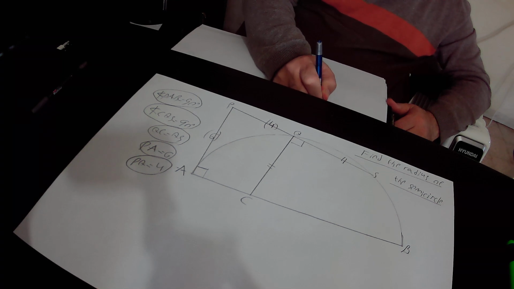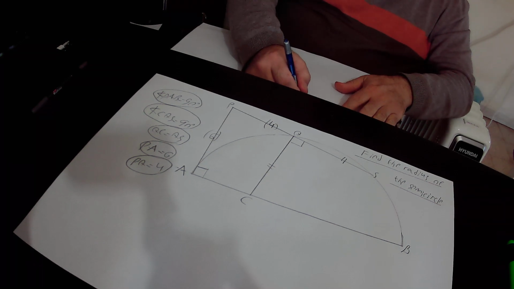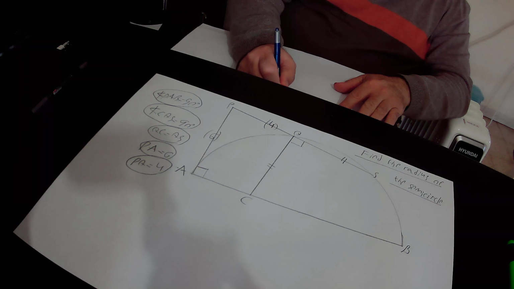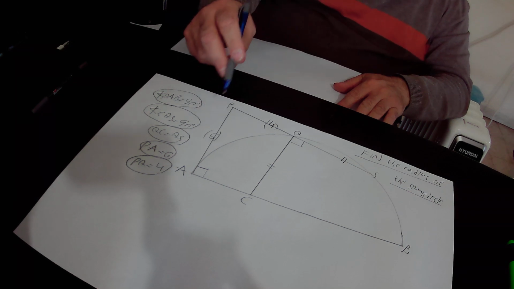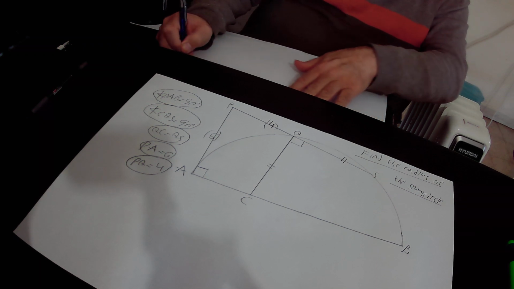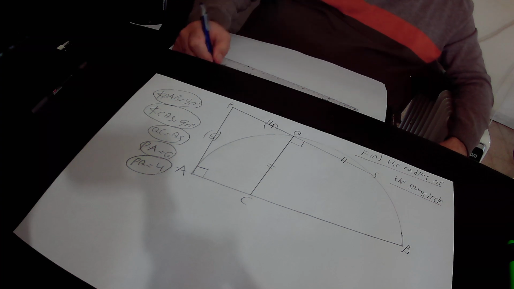And according to rule number 10, we get that PA square equals PQ times PS.